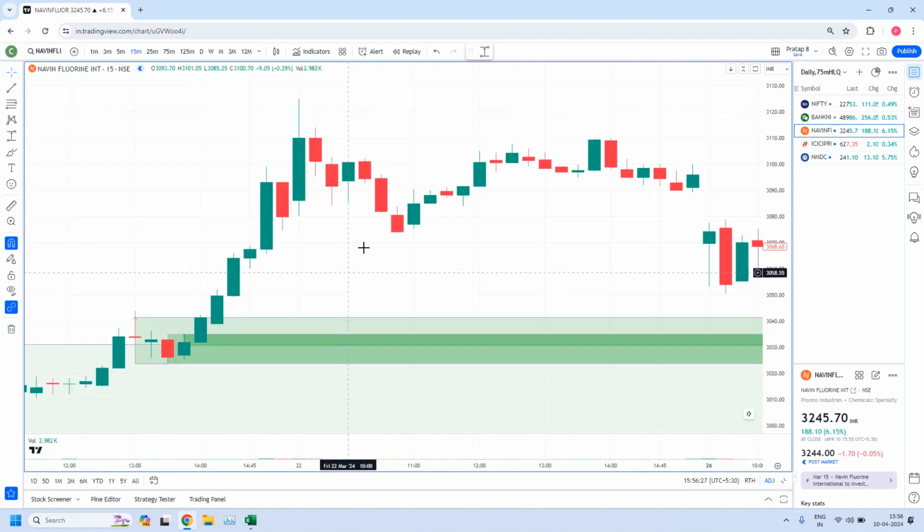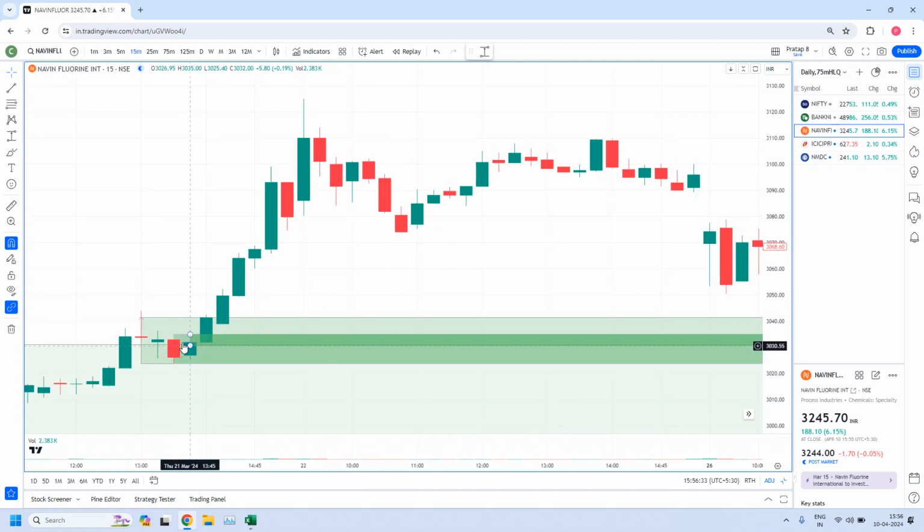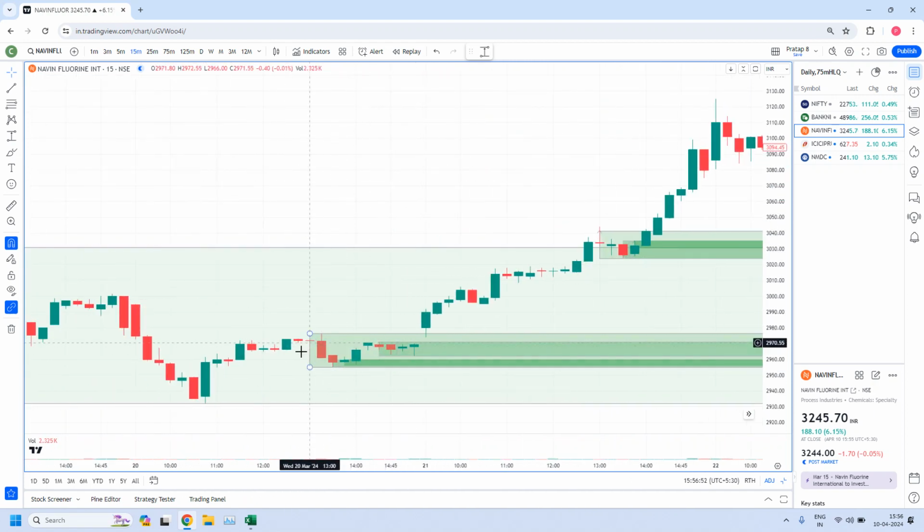See, here we have a drop candle, base candle and a rally candle, follow through candles, drop base rally. So this is the way we have identified a 15 minute zone inside the fine tuned 75 minute zone. And also we have one more fine tuned 75.